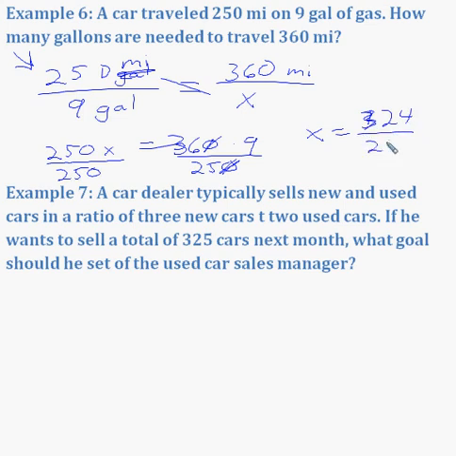In the denominator we have 25, and then we can divide that. 25 goes into 324 twelve times, and then the remainder is 24, so we get 24 25ths, or 0.96. So x is equal to 12.96, and that would be gallons.